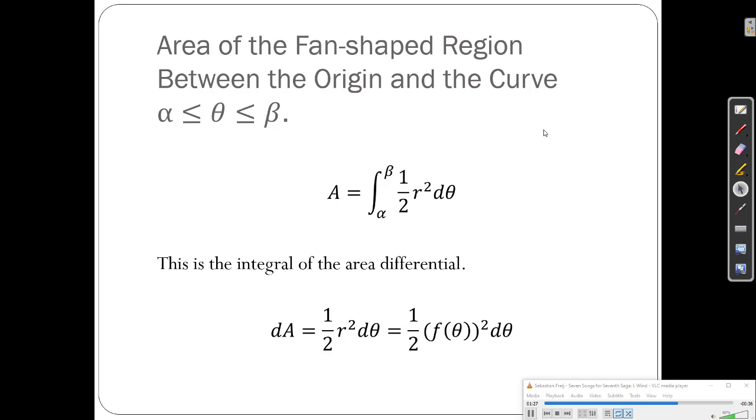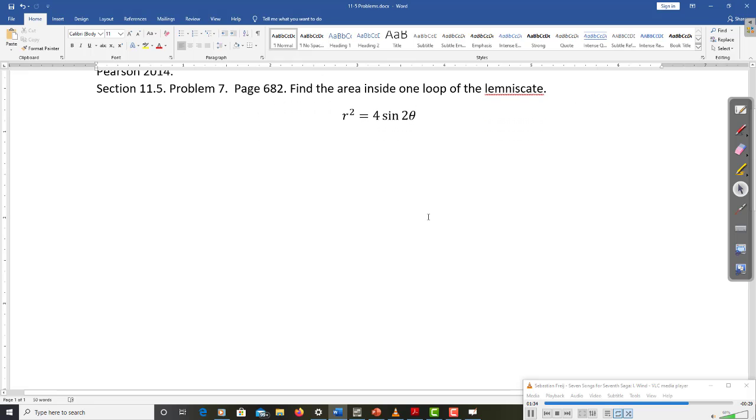Let's look at an example. We want to find the area inside one loop of the lemniscate r squared equals 4 sine 2 theta. We need to figure out what our bounds would be. Probably the easiest way is to graph it real quick.